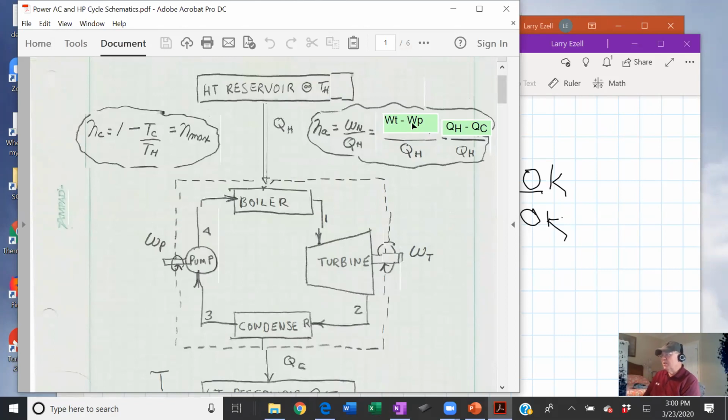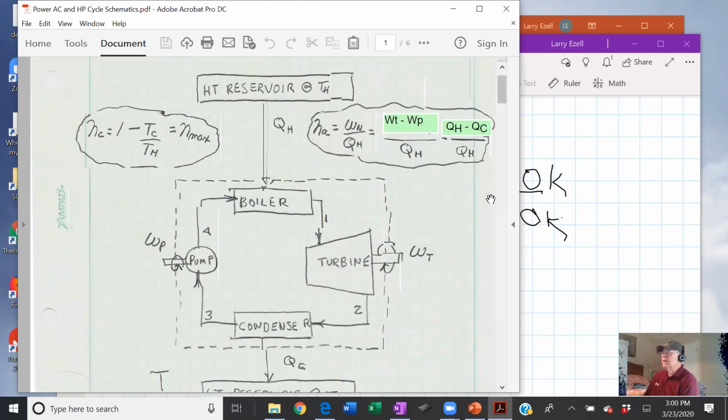And that's the work of the turbine minus work of the pump. That's the net work. Now, if we use our definition of work out as positive, work in as negative, we're going to get a negative number here. And if we use our definition of QH coming in, that's positive, we're going to get a negative number over a positive. Well, just put the absolute value because we're looking for a ratio.